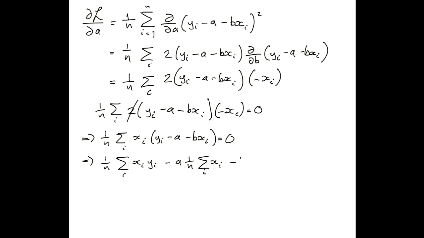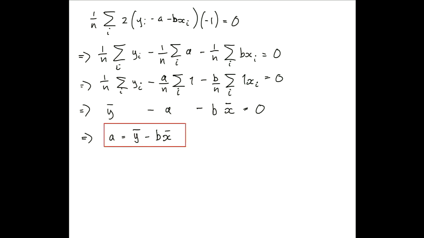We have a similar kind of thing, b, and we have x squared this time because we've got xi times xi. Xi squared, all equal to 0.